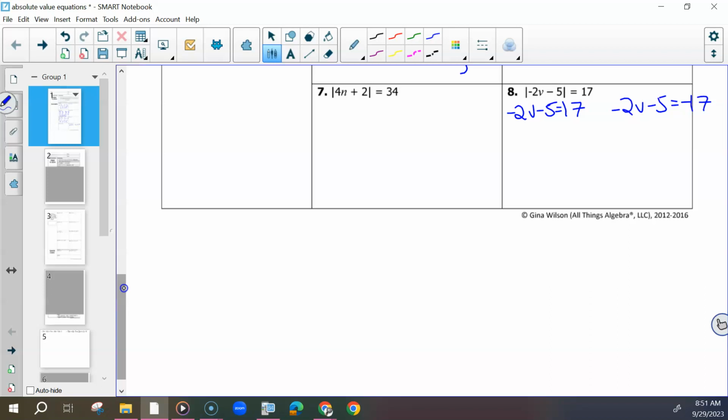And then start to solve this. What would be our first step? Add 5. So we have 22 and negative 2b equals negative 12. Divide on both sides.